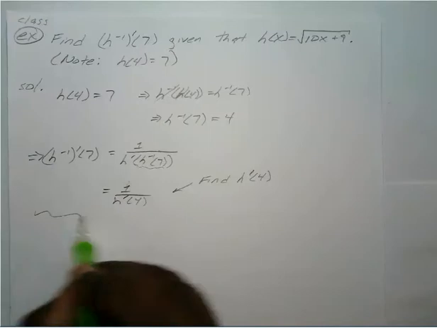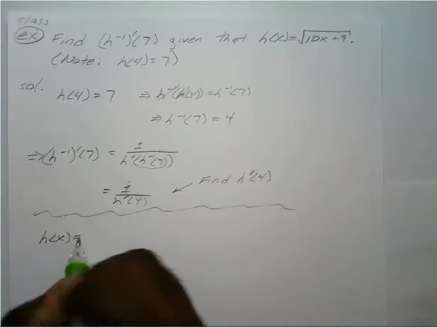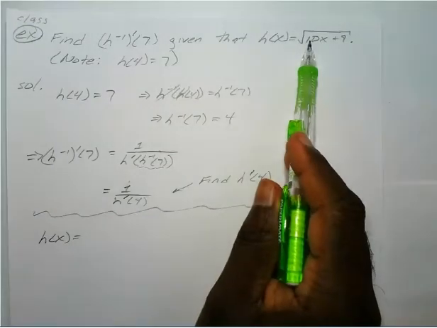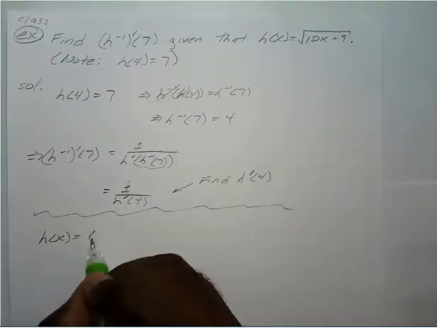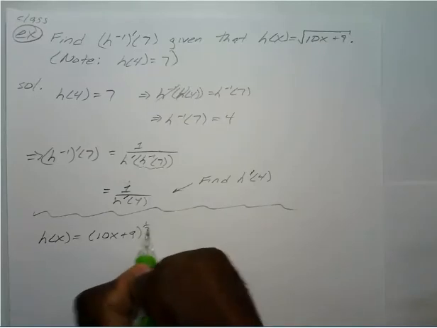Alright, you know that h of x is equal to the square root of 10x plus 9, but we're going to rewrite it as 10x plus 9 to the 1/2 power.